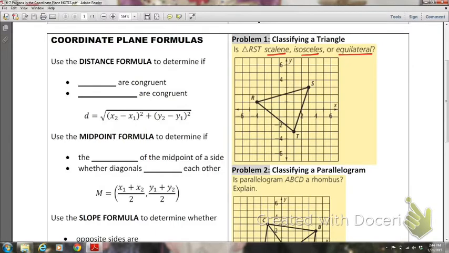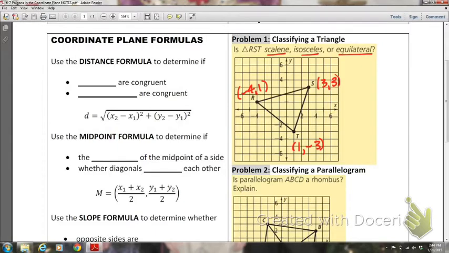So let's look at the coordinates of each vertex. The coordinate of R is (-4, 1). The coordinate of S is (3, 3). And the coordinate of T is (1, -3). Now let's look at the length of each side.